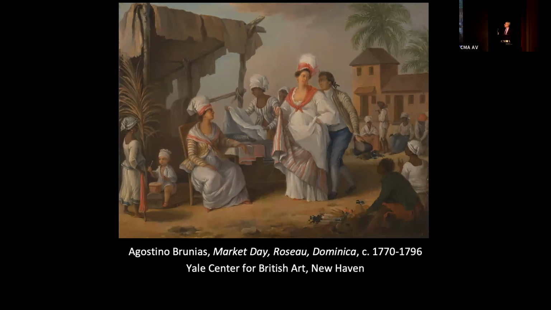And so you will see a variety of people, people of European descent living there, mixed race people, people of color, free people of color, as well as enslaved people. Although in Brunias's work, you almost never see enslaved people actually working, actually picking cotton or making these fabrics.